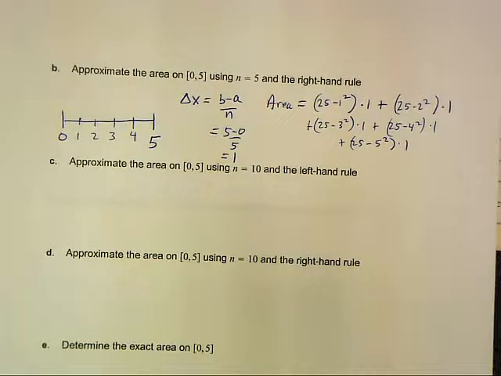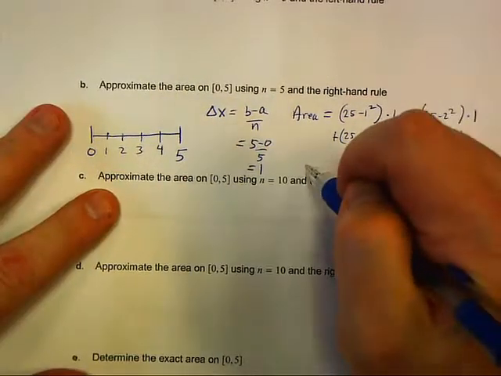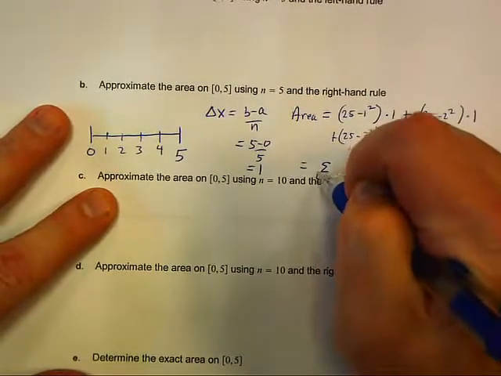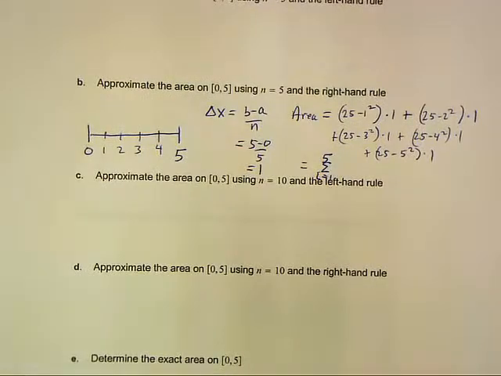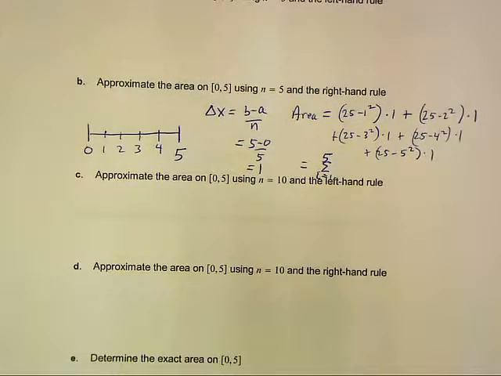Now, I want you to write that as a summation. The sum from i equals 1 to 5 of what?